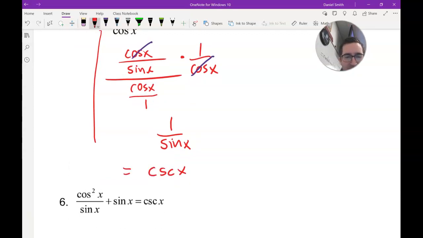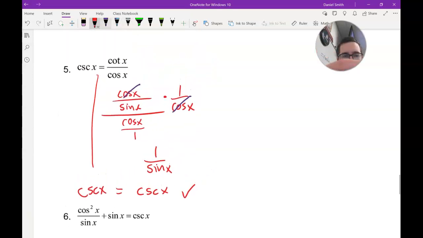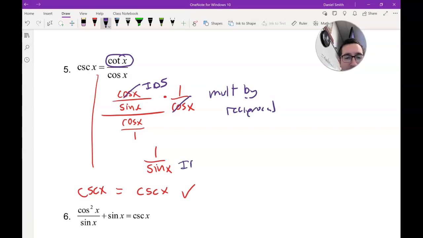So we know then that we have solved it. So let's just annotate, and then you can rewind the video again and watch if that was too quick for you. We did identity number 5 to get to that. Then we multiplied by the reciprocal, and then we finished up with identity number 1, just making a quick switch.